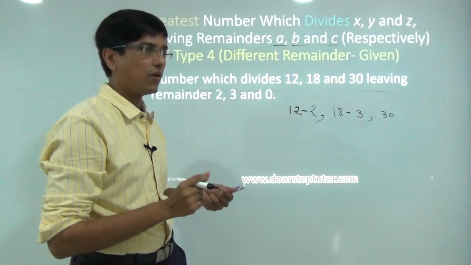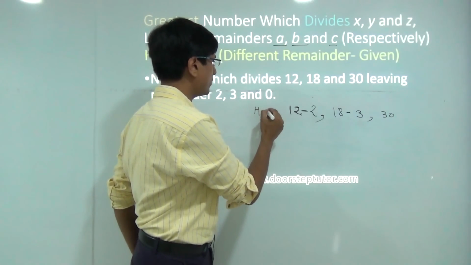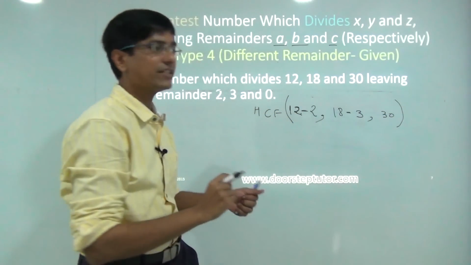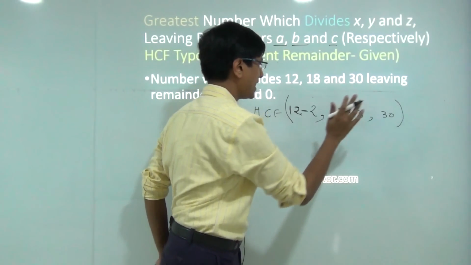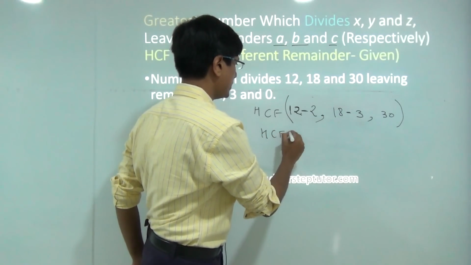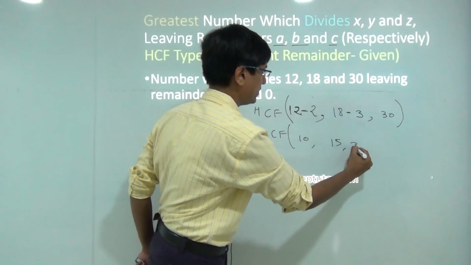So what this problem is asking me to find out is the largest number which can fully divide 12 minus 2, 18 minus 3 and 30, which is nothing but the SCF of these numbers. So SCF of 12 minus 2, 10, 15 and 30.